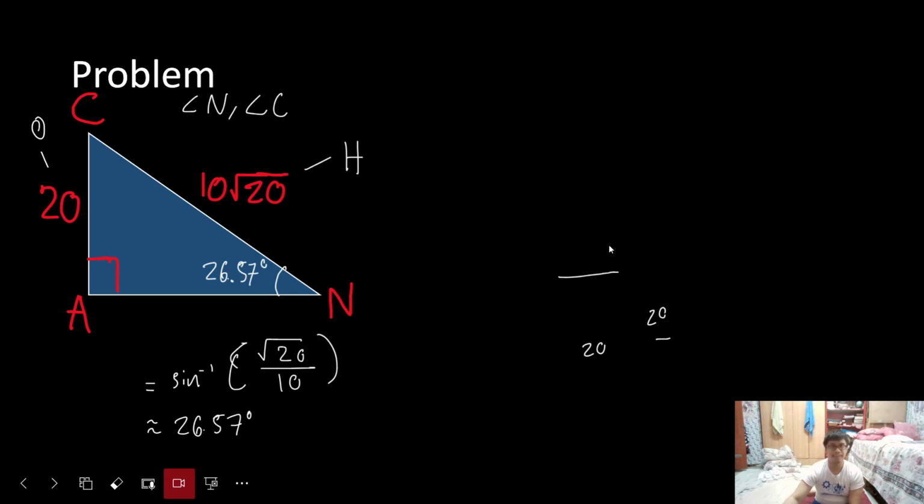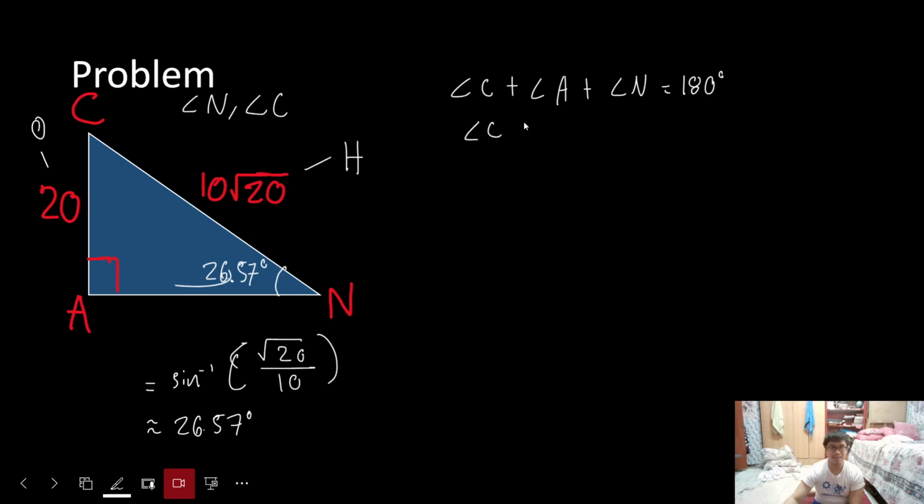All right? So, again, we have two given angles. The angle A, which is 90 degrees, and N as what? 26.57 degrees. So, angle C plus angle A plus angle N is equal to 180 degrees.